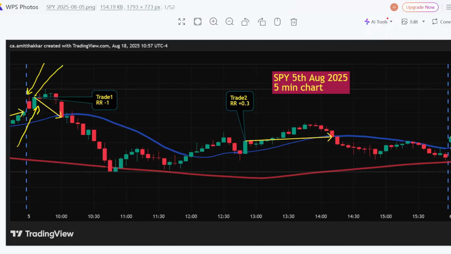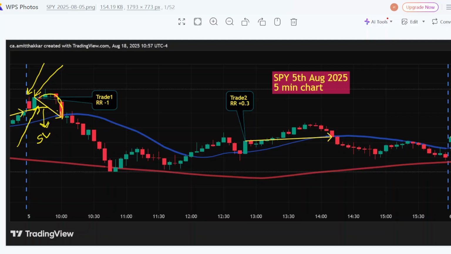So once we enter this at the close of the 5-minute candle, our stop loss goes below the low of the second candle, the second bullish green candle. This is our stop loss. And once the trade progresses, the market turns, it is not going up, and it came down and took our stop loss.